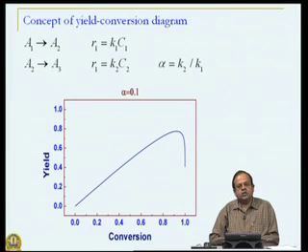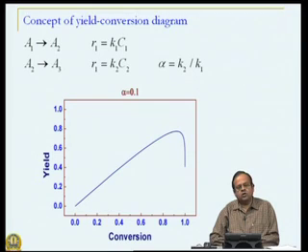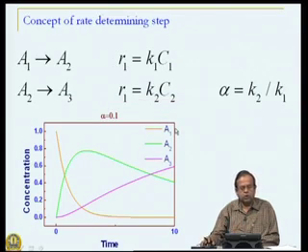The second lesson that we learned from this example is that maximizing conversion is not always the criterion, because maximum conversion often gives lower yields compared to restricted conversion.